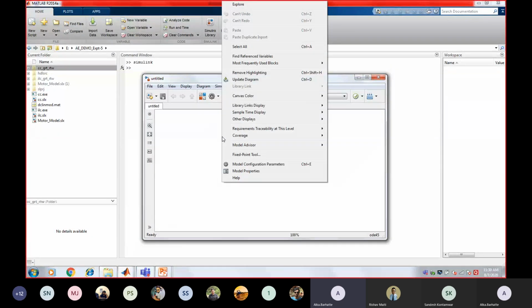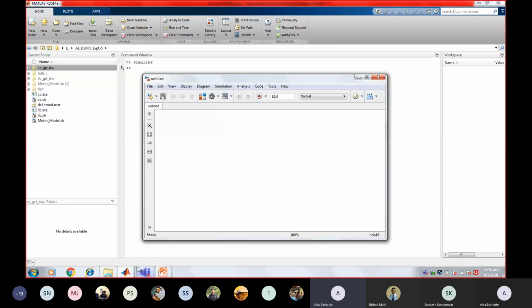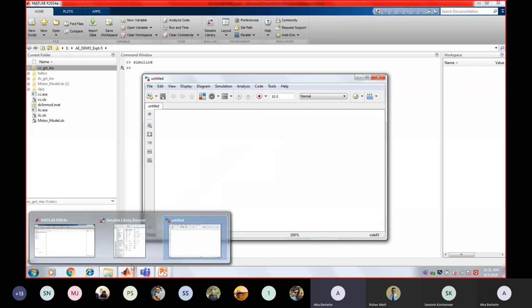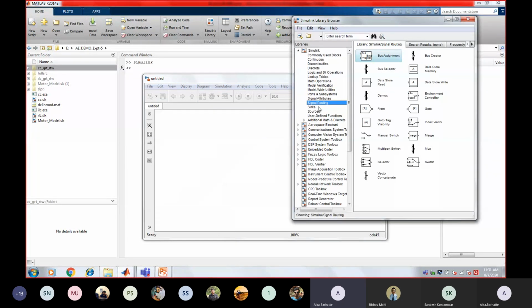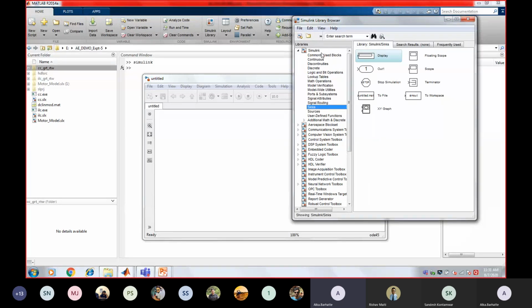Basically we have to represent the vehicle model using the transfer function, and the input to that system is force. Force will be represented in the form of a gain.